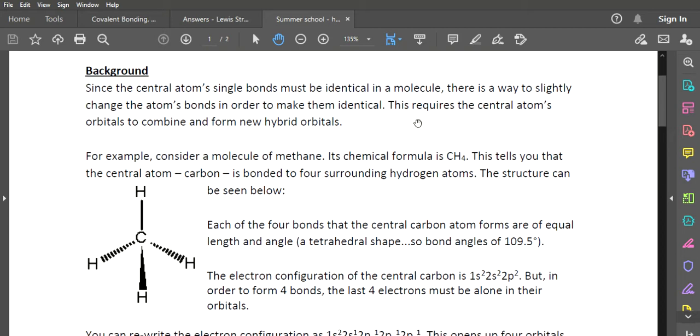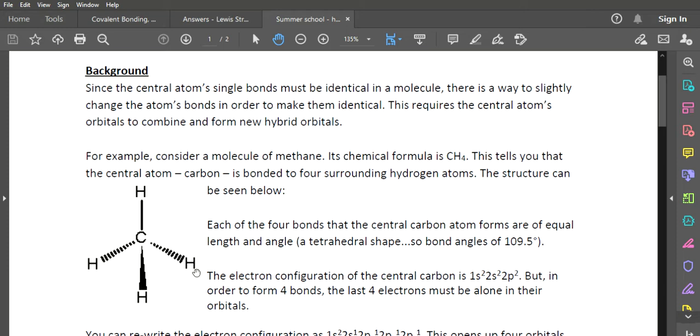So where hybridization comes from is, we're working backwards. We looked at a molecule of methane, methane being the very first Lewis structure we did together, with a central carbon atom bonded to 4 different hydrogen atoms. And we said it's a simple molecule.